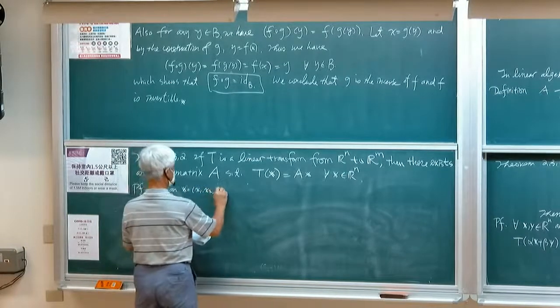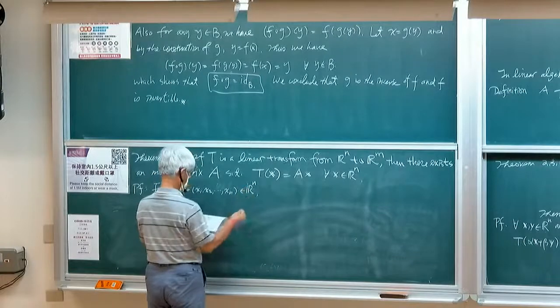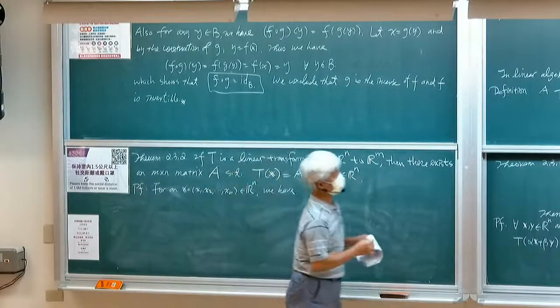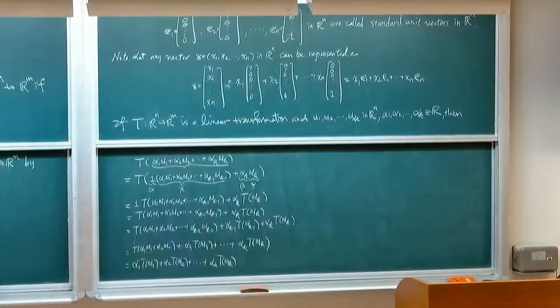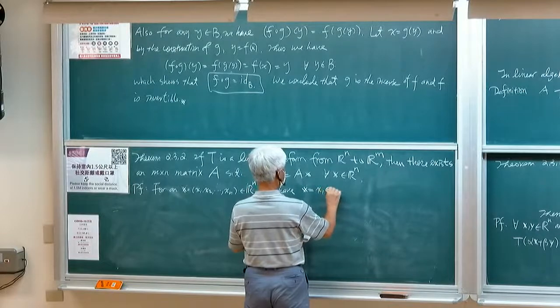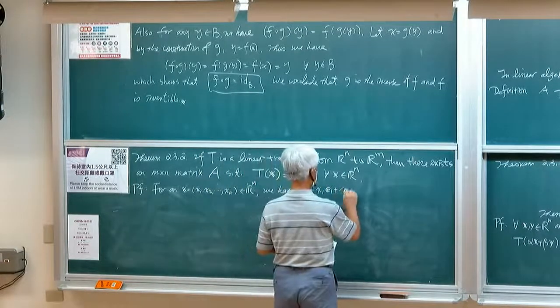For a vector x in Rn, we know from our previous discussion that the vector x can be written as a linear combination of standard unit vectors.